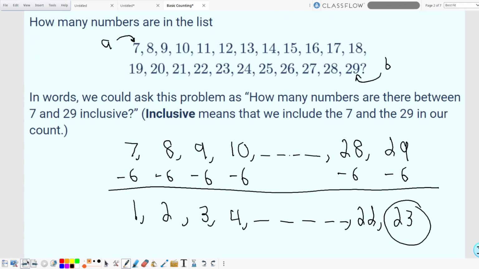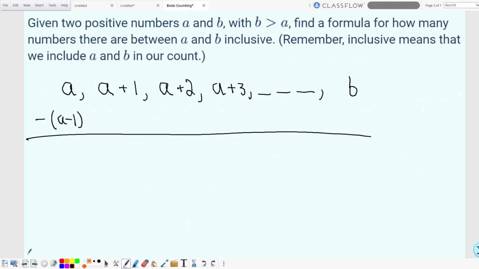And just like this last problem, we subtracted by 6 every time. So I know if I take the same approach, every time I'm going to be subtracting by A minus 1. Subtract by A minus 1, and so on and so on until the very last number.